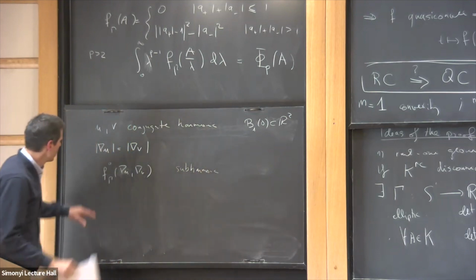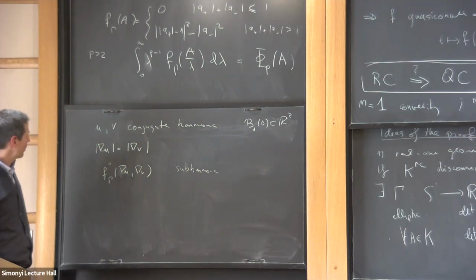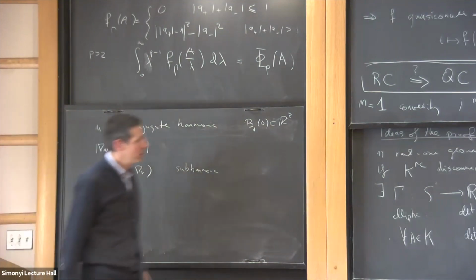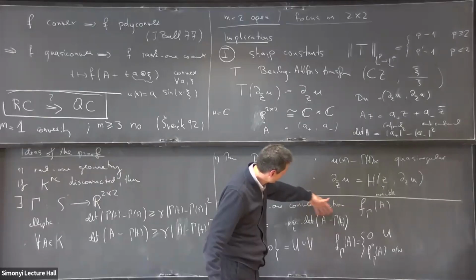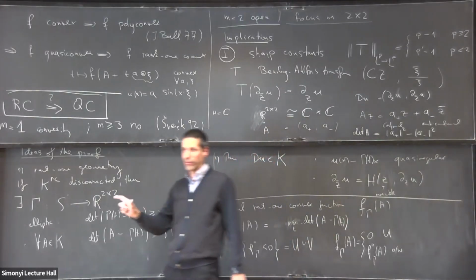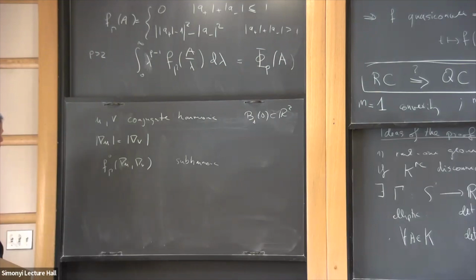because this is a supremum, a maximum over determinants, and the determinant is just grad u minus grad v. So this is subharmonic and shifted by a linear function.